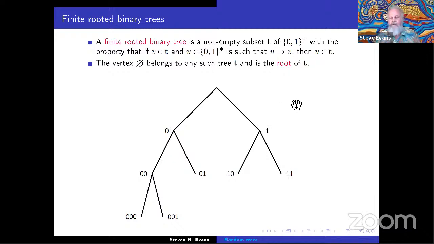Okay, this is all sounding very pedantic at the moment, I know, but it's useful to have this terminology, this coordinatization of binary trees, as a way of thinking about them nice and precisely.